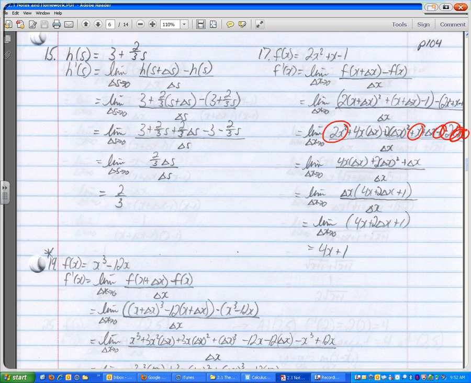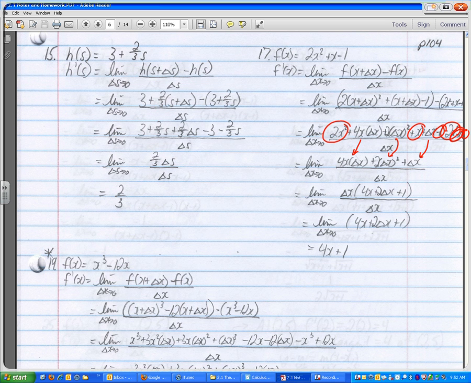That's a 0. So I'm left with 4x delta x plus 2 delta x squared plus delta x. And I still have just delta x as my denominator. All right, I'm in good shape now.